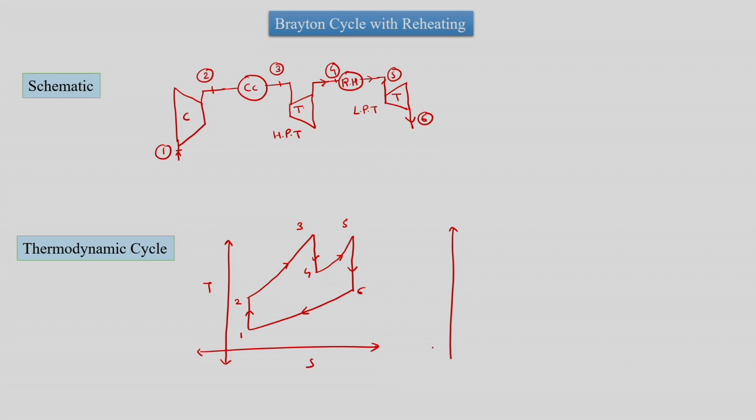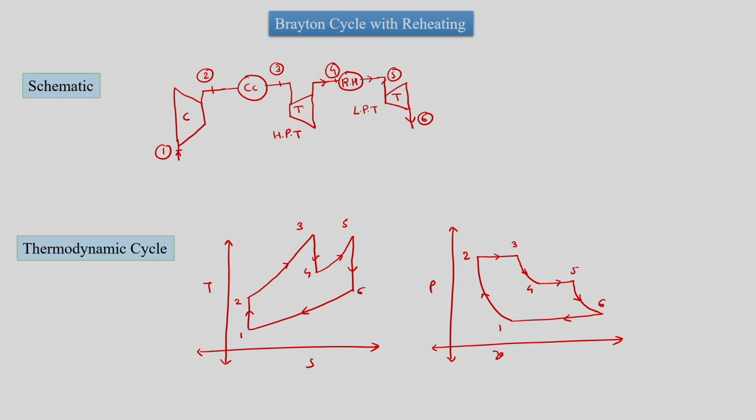Now we will also plot the PV diagram for this, and the PV diagram will be 1 to 2 isentropic compression, 2 to 3 is heat addition in the combustion chamber, 3 to 4 is high pressure turbine expansion, 4 to 5 is heat addition in the reheater, and 5 to 6 is expansion in the low pressure turbine, and then 6 to 1 is heat rejection.